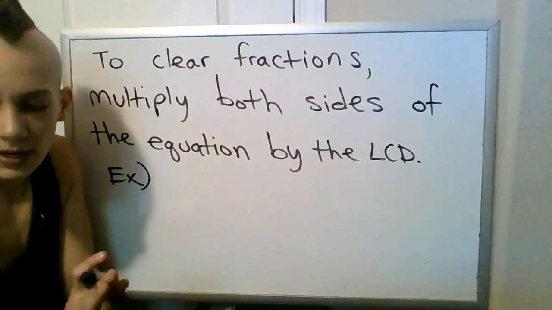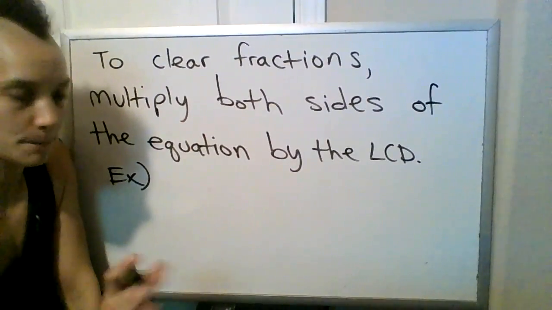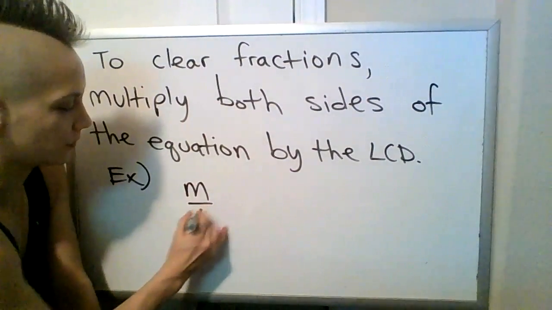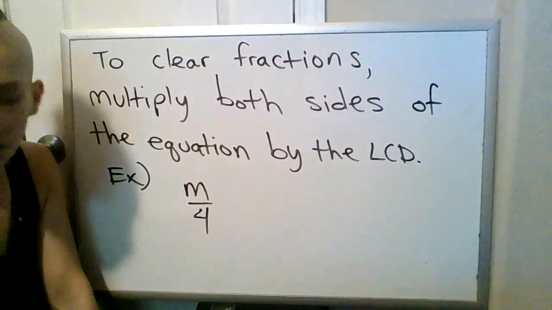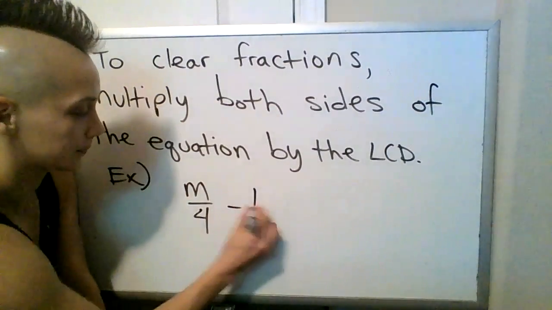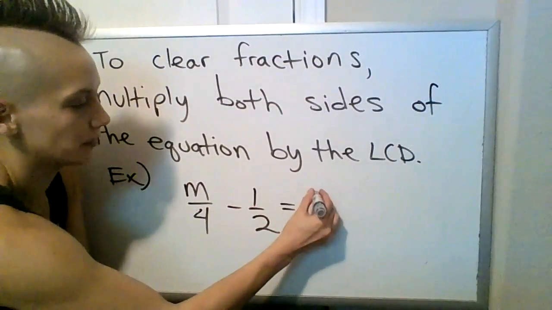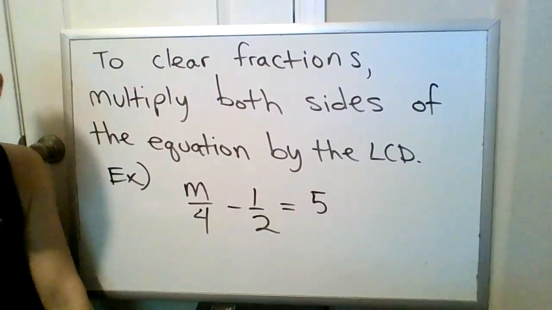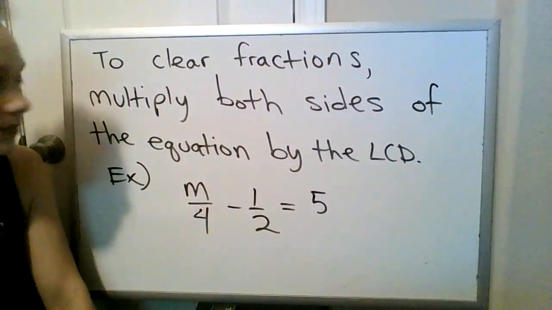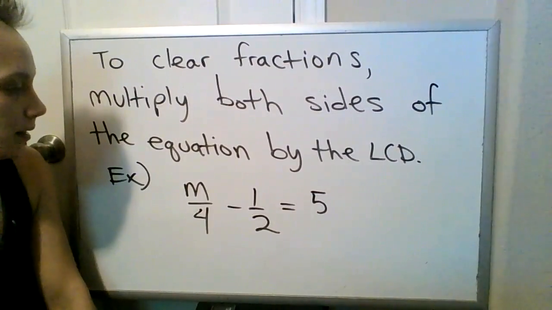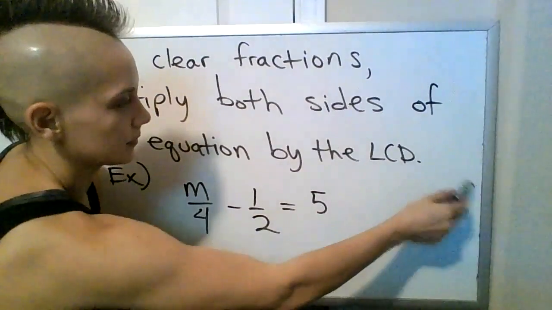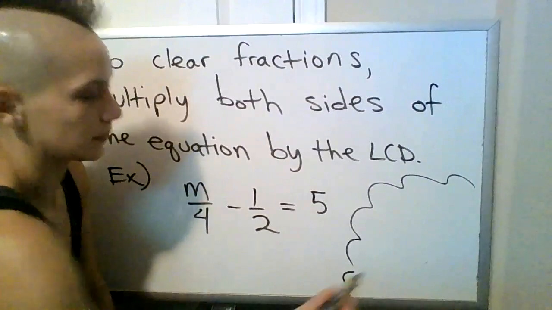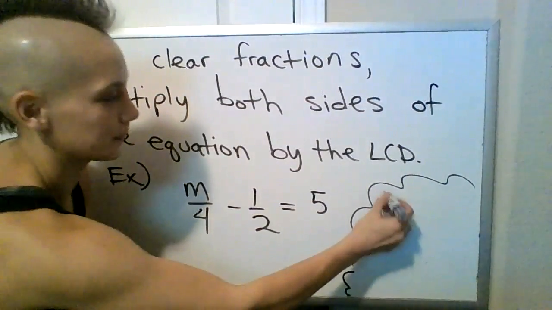We will take the variable m divided by 4 minus 1/2 equal to 5. The LCD.